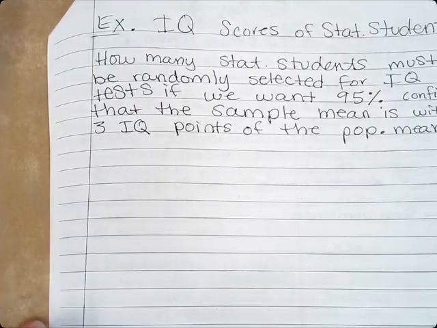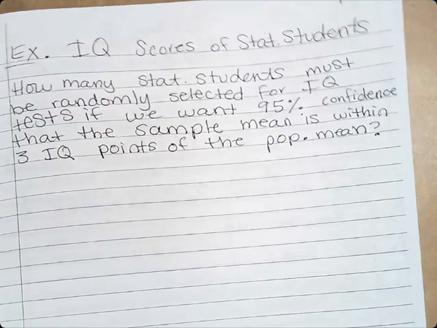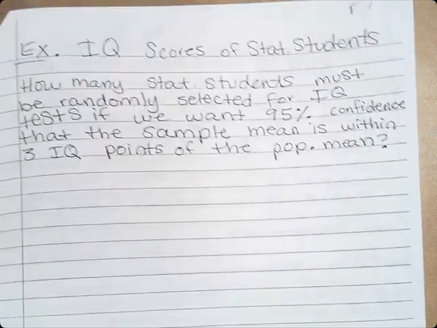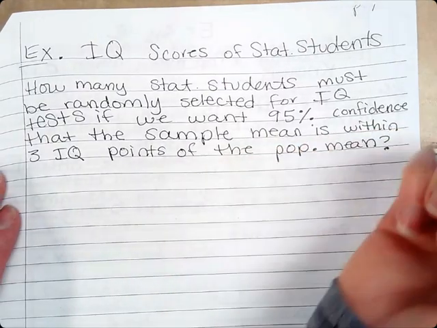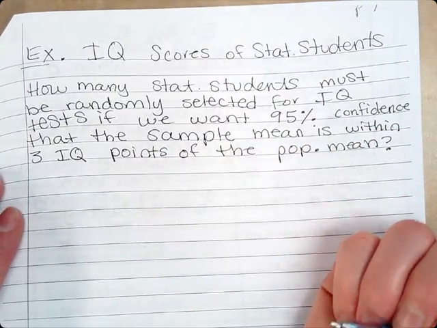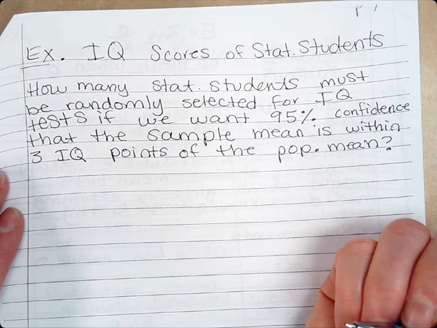All right, let's look at our example. How many STAT students must be randomly selected for IQ tests if we want 95% confidence that the sample mean is within 3 IQ points of the population mean? Okay, throughout the semester, we've talked about the IQ scores. What is the mean of IQ score?